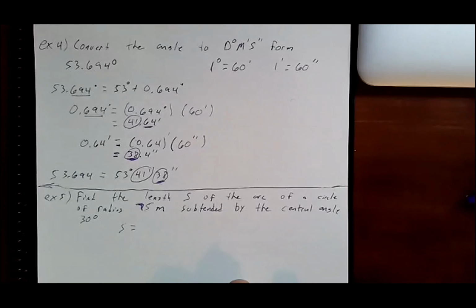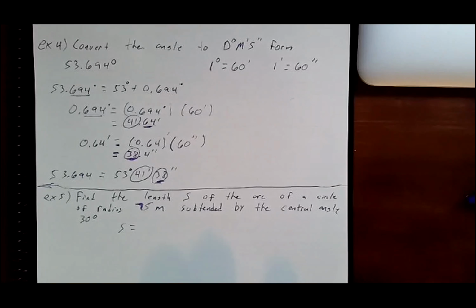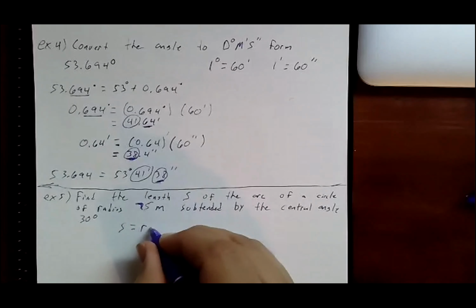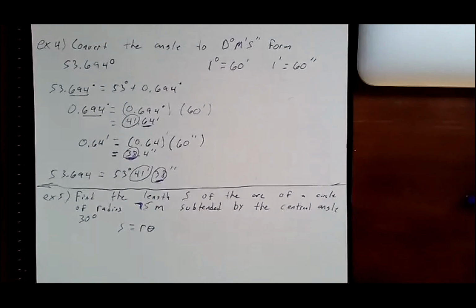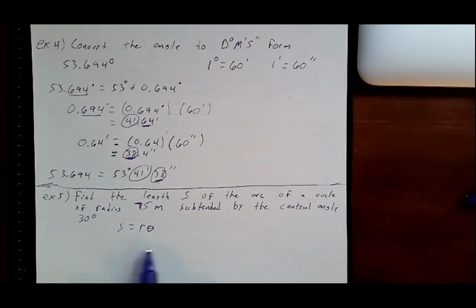Yeah. r theta. Okay, so before we do anything, we need to convert degrees to radians. Otherwise, I don't have an actual distance, because we need that unit in radians.